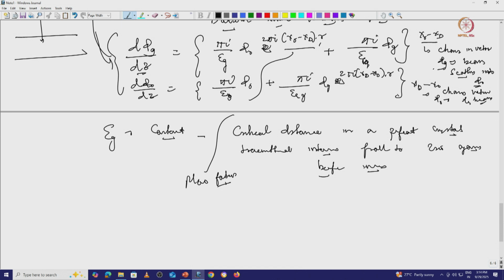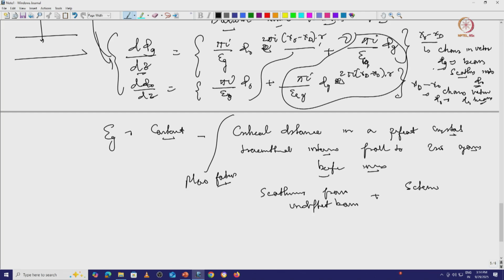The first term in each equation is the scattering from the undeflected beam, and the second term is the scattering from the diffracted beam.